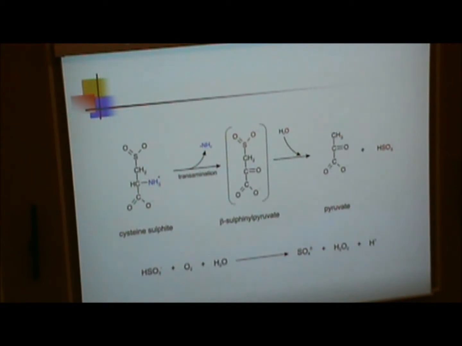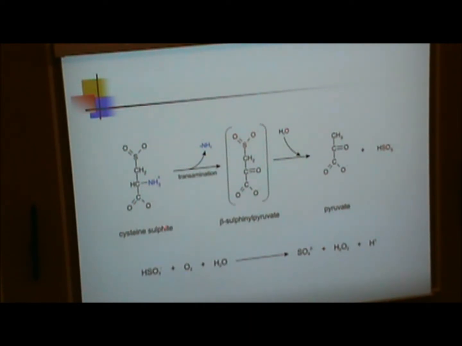The next biologically active substance produced from amino acid is active sulfate. How is the active sulfate produced? So, as you already know, the cysteine is oxidized, forming cysteine sulfite.